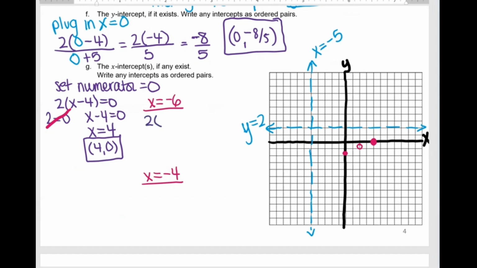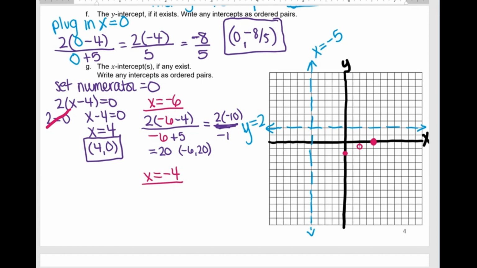So I'm going to have 2 times (-6 minus 4) all over (-6 plus 5). If I simplify down, I have 2 times -10 all over -1, and this winds up being 20. So I have (-6, 20).